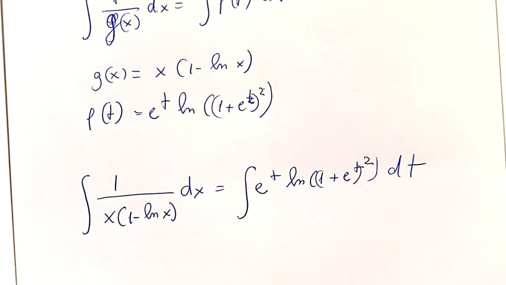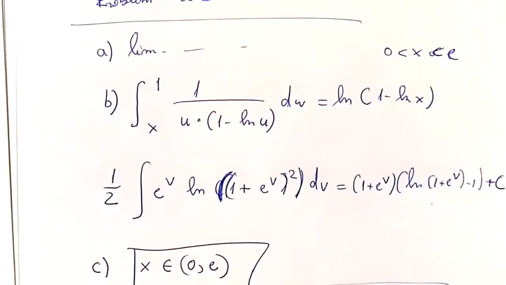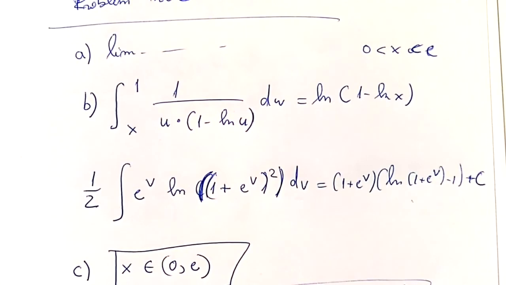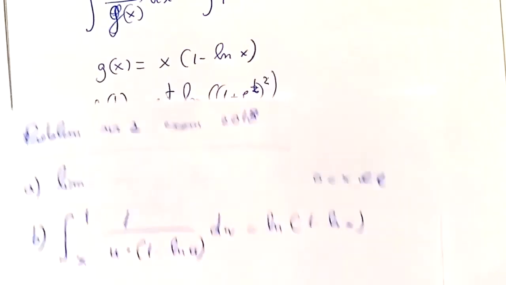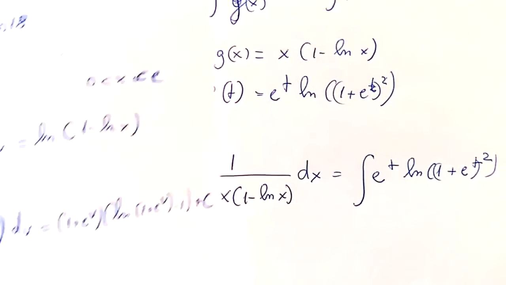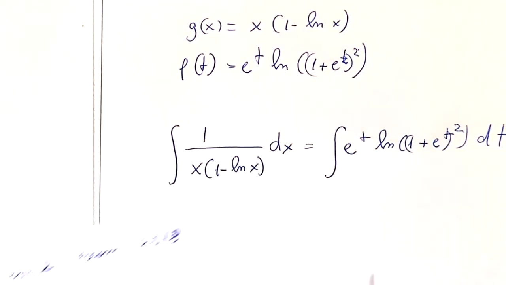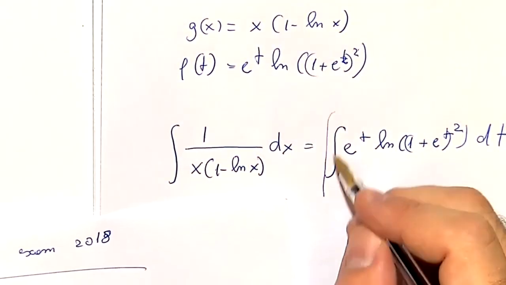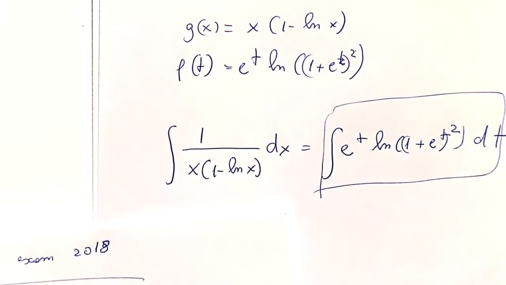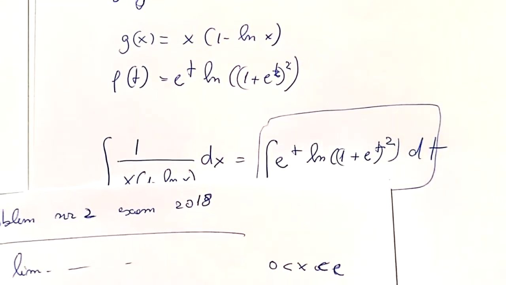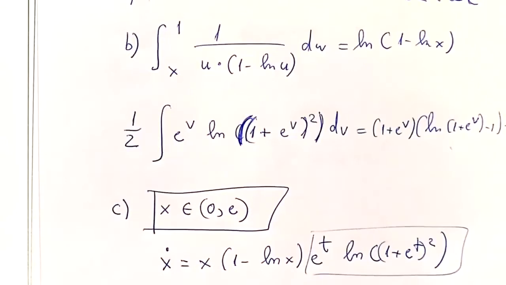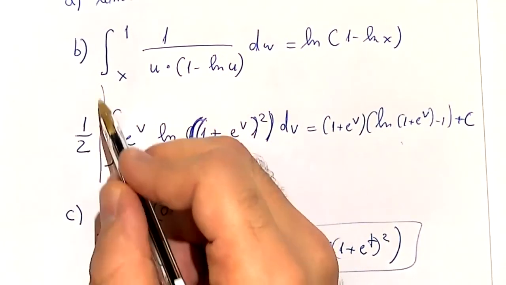Now, yeah, now what? Well, you're stuck for a little bit, but then you just look at point B. And you compare. Okay. Let's look at this thing. Does it look familiar with anything? Maybe this?